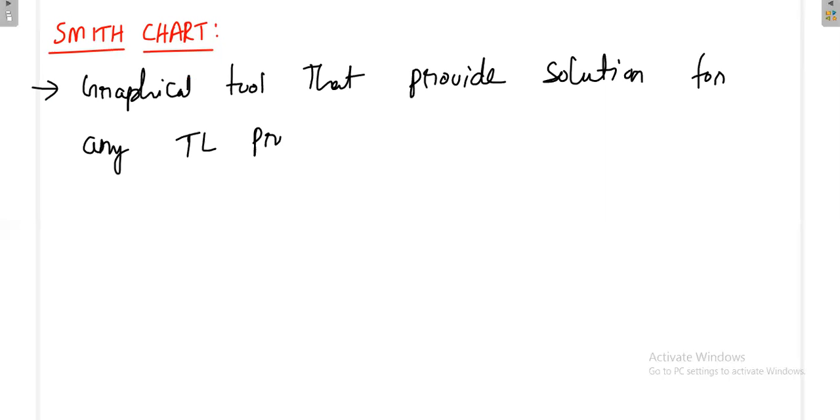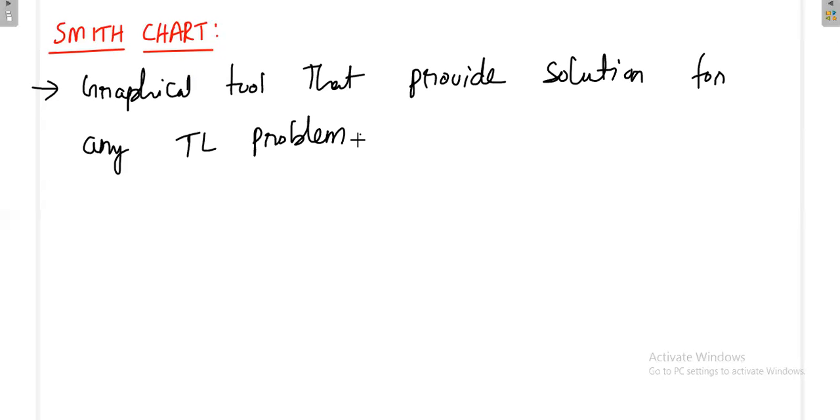Problem means here a mathematical problem. You have transmission line equations, input impedance, stub matching, double stub matching. All of these you can very easily do with the help of the Smith chart, without any limitation.